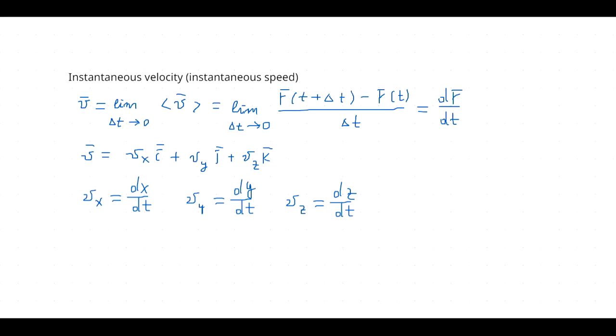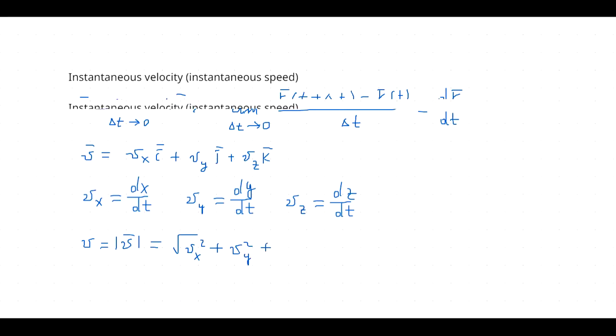v is equal to the absolute value of the vector of velocity, or instantaneous velocity, and this is the same as the square root of vx to the power of 2 plus vy to the power of 2 plus vz to the power of 2.